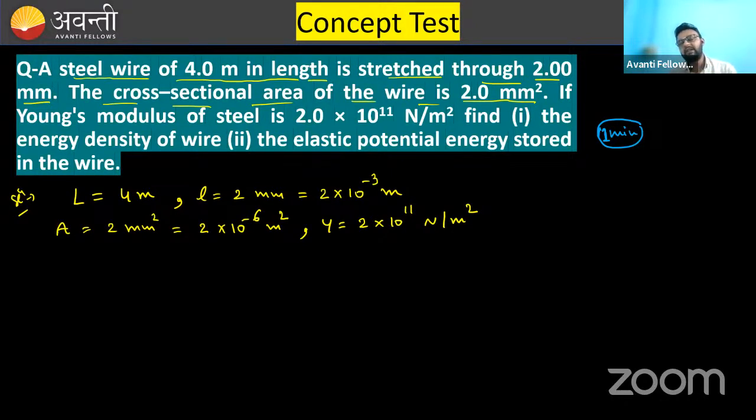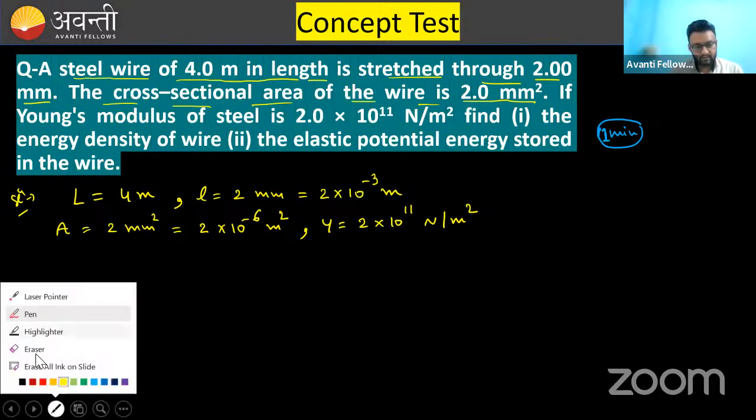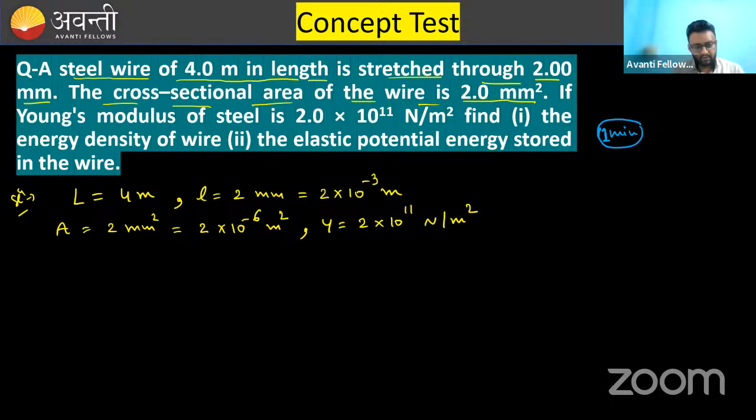Now we need to calculate the elastic potential energy and the energy density. So I am calculating the potential energy stored in the wire, U. Change the color of the pen. So U is the energy stored in the wire. You can use either of the relations.